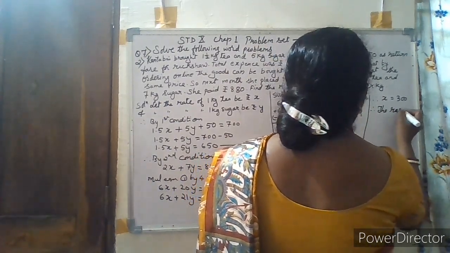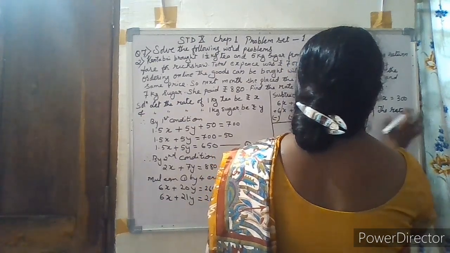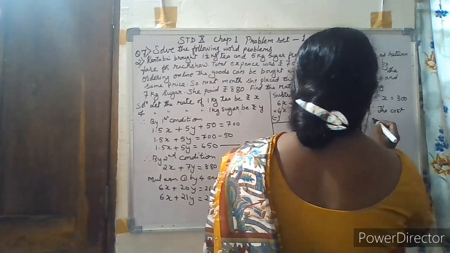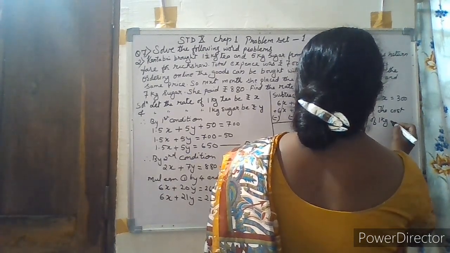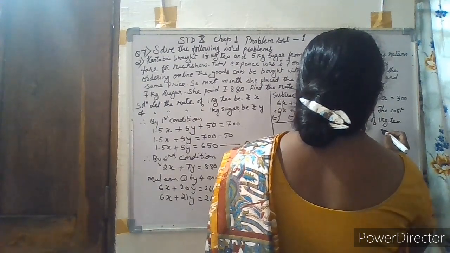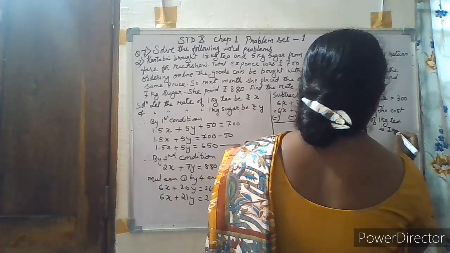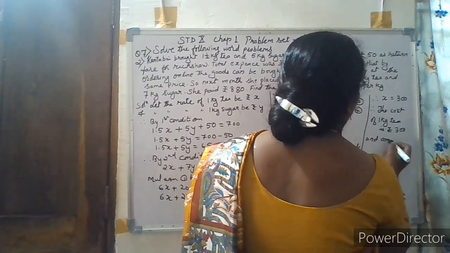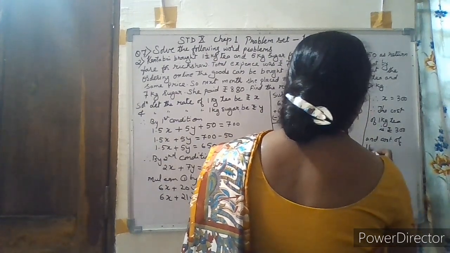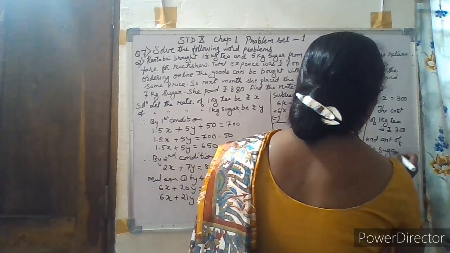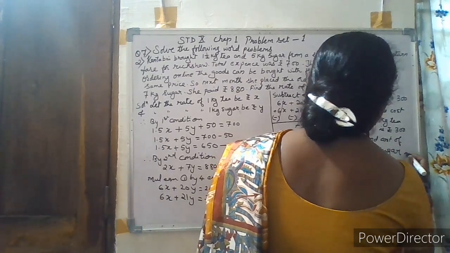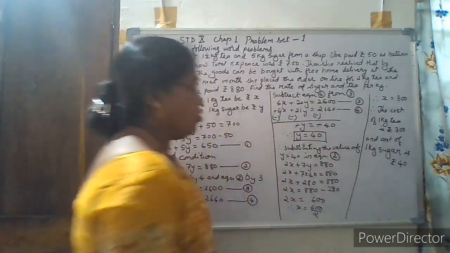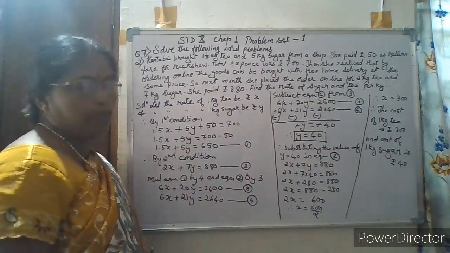Therefore, the cost of 1 kg tea is rupees 300 and cost of 1 kg sugar is rupees 40. So this is the solution of this question.